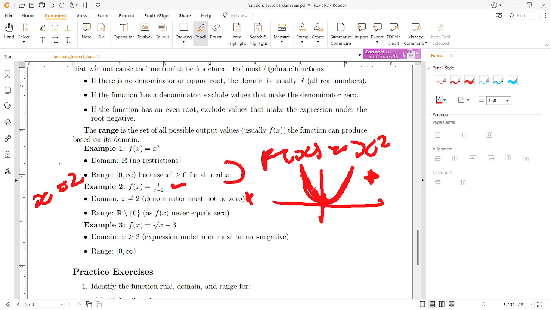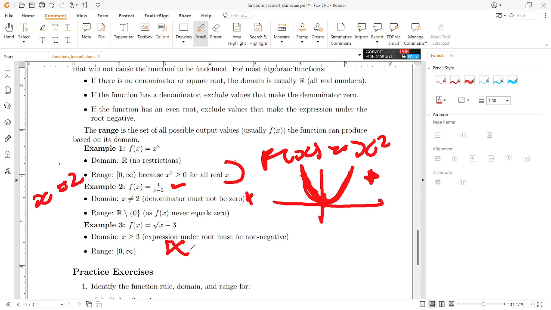So for this to work, x must be greater than or equal to 3. So if you put 4 where there's x, it's going to give you 1 inside. If you put 10, it's going to give you 7. But if you put 0, it's going to give you negative 3. If you put negative 1, it's going to give you negative 4. So we do not want to have the square root of a negative.